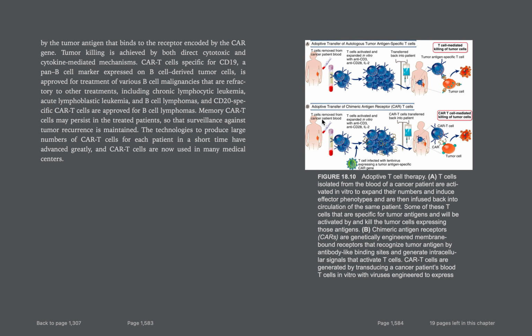Here T cells are removed from cancer patients' blood, then activated and expanded in vitro with anti-CD4, then the T cells are infected with a virus to express the tumor antigen-specific CAR genes. Then after being given again to the patient, CAR T cell-mediated killing of tumor cells happens.